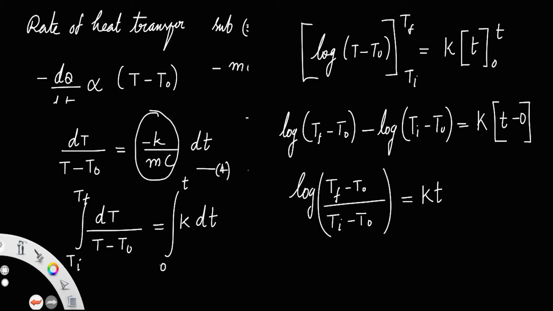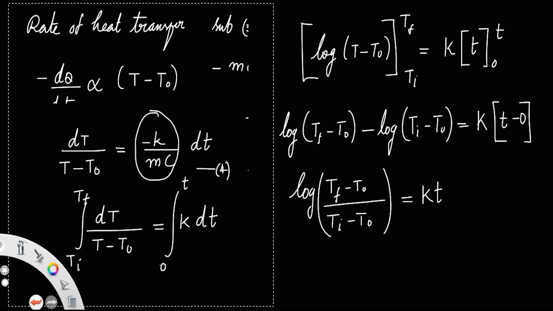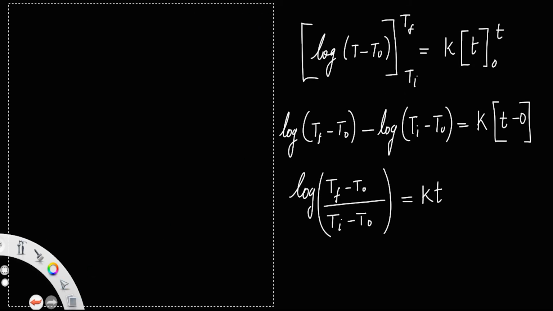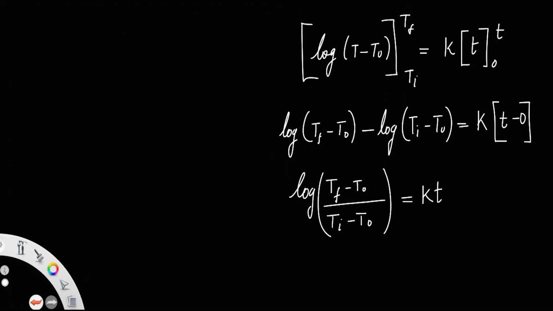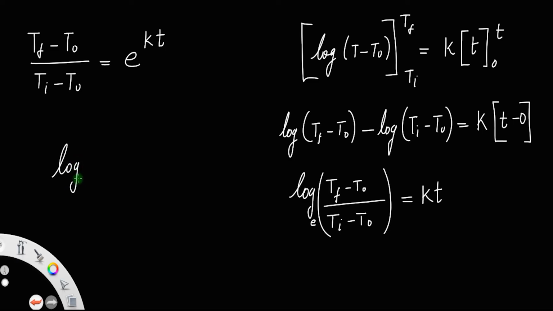Now if you remove the log, you will get an expression in the exponential form. Here actually there is an e, so Tf minus T0 by Ti minus T0 is equal to e raised to Kt. If log x is equal to y, it means that e raised to y equals x.